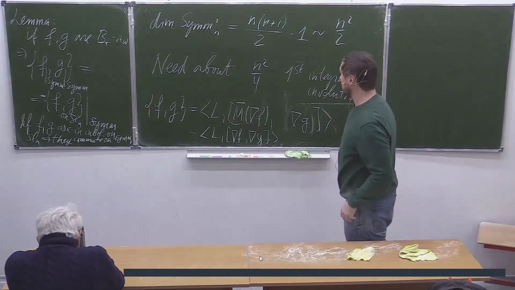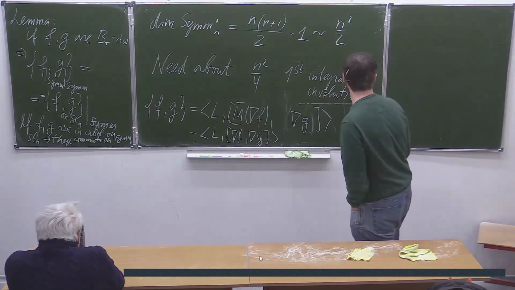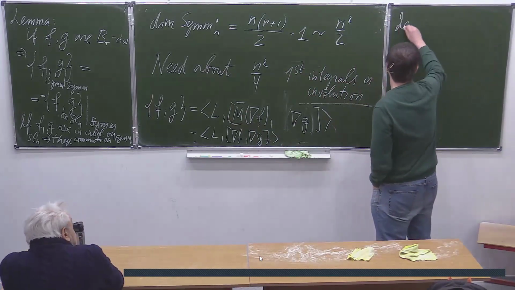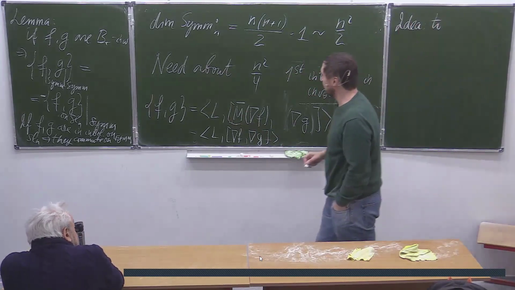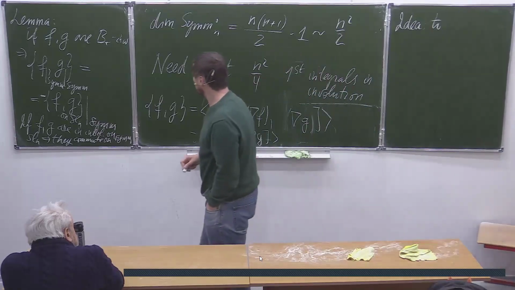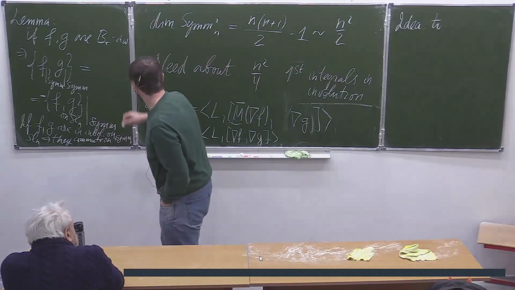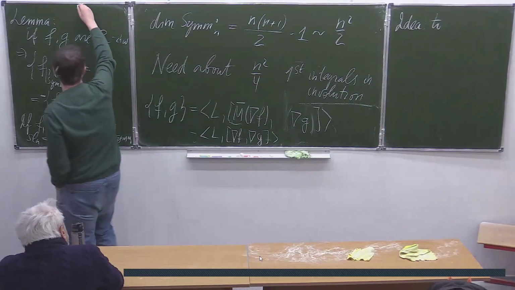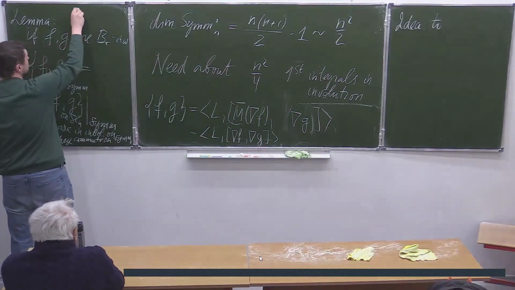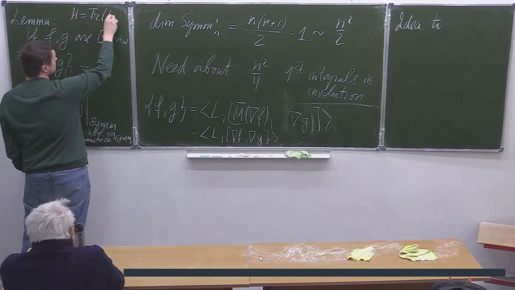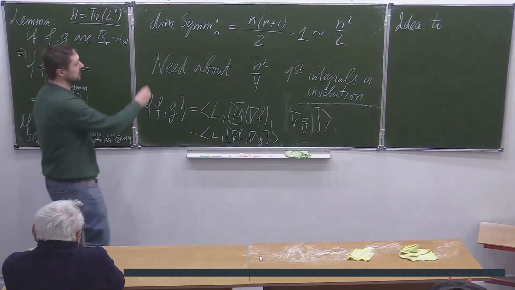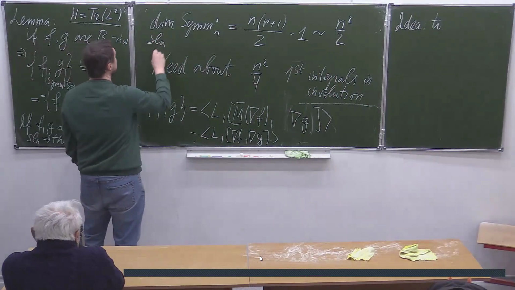So this gives us the following idea to construct first integrals and involutions. Yes, of course, we need to observe that the Hamilton function is given by precisely such restriction. They have an invariant function on the whole space SLN. In particular, it is B plus invariant.